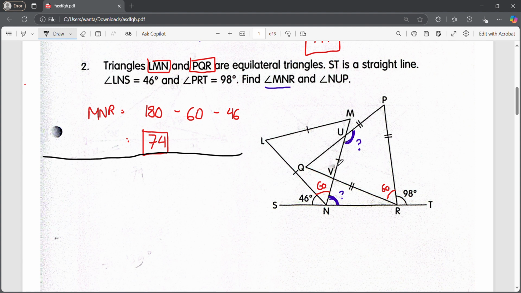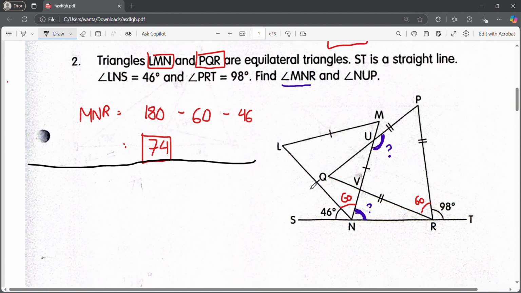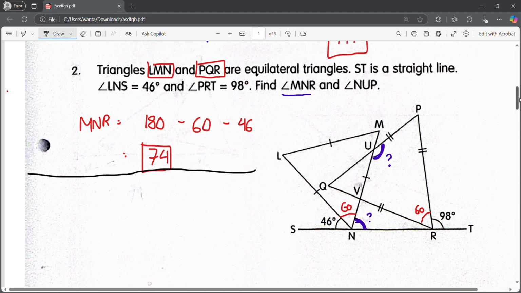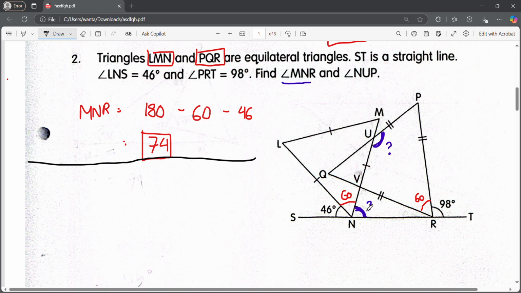So how can we find QUV? Well, let's try to find the other unknown angles first, from the angles that we already know. At first, here's a 60 because of equilateral, PQR, so that's a 60. So let's just try to find QVU. How do we find QVU?